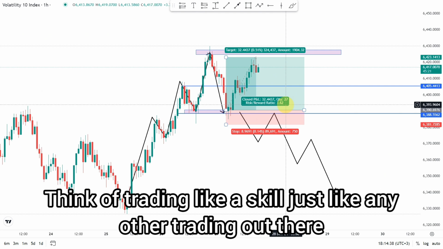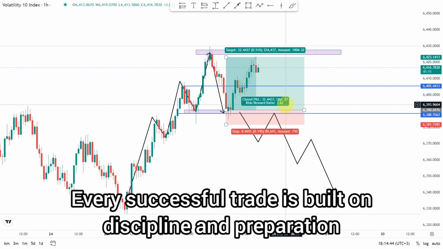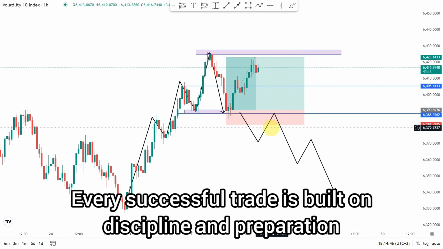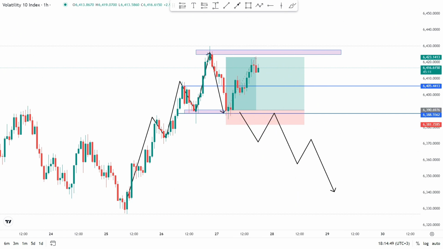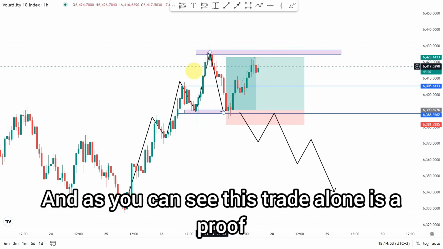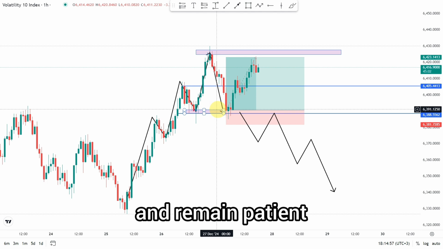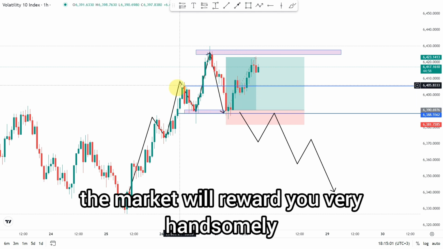Think of trading like a skill, just like any other skill out there. It's not about luck or guesswork. Every successful trade is built on discipline and preparation, sticking to a well-tested plan. And as you can see, this trade alone is proof that when you trust the process and remain patient, the market will reward you very handsomely.